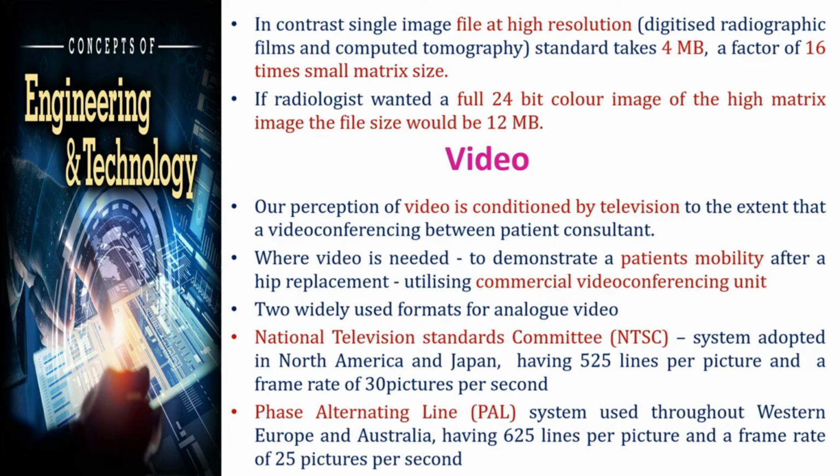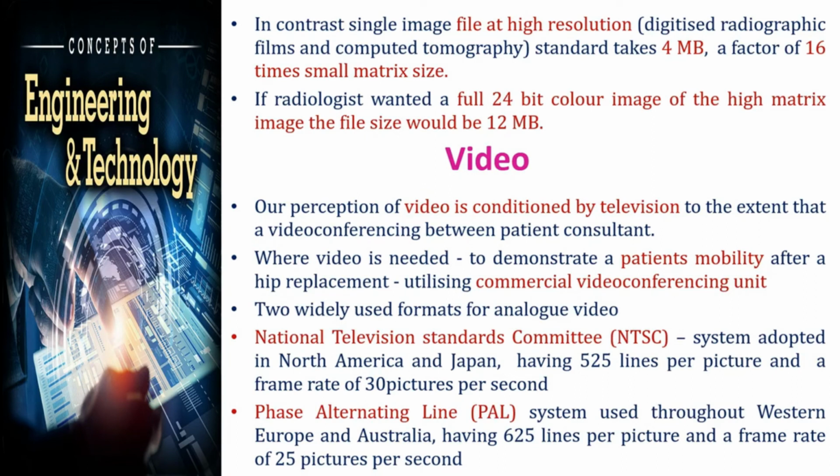For video conferencing systems, the National Television Standard Committee (NTSC) has a specific criteria. It should have 525 lines per picture and a frame rate of 30 pictures per second.